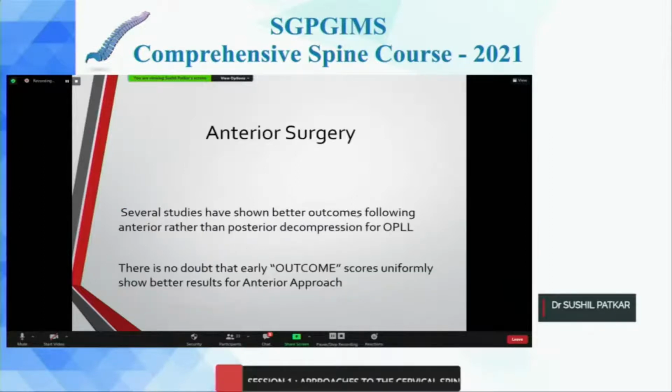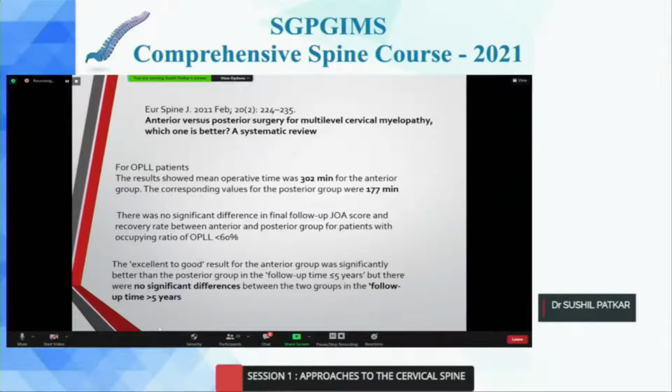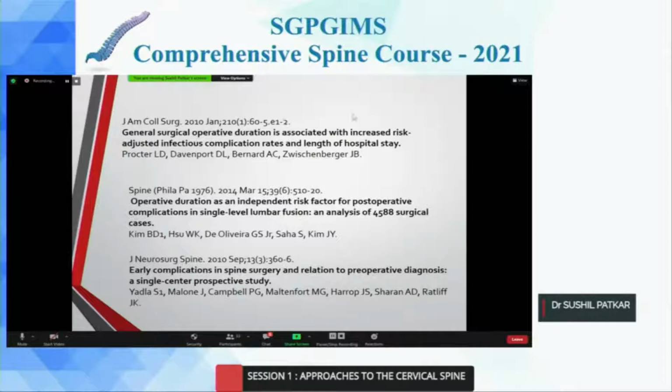Anterior surgery, various studies have shown that anterior surgeries have got better result as compared to posterior surgery, but over a period of time, it squares off and does not make much difference after 5 years, whether you have done an anterior surgery or posterior surgery. You have to consider another very important factor when doing these surgeries: we just go by literature, but we have to consider individual skill and individual facilities available.